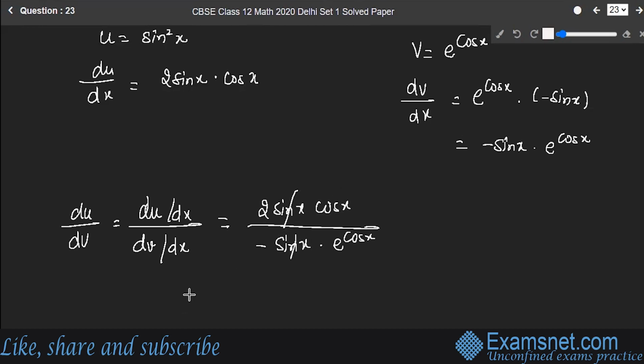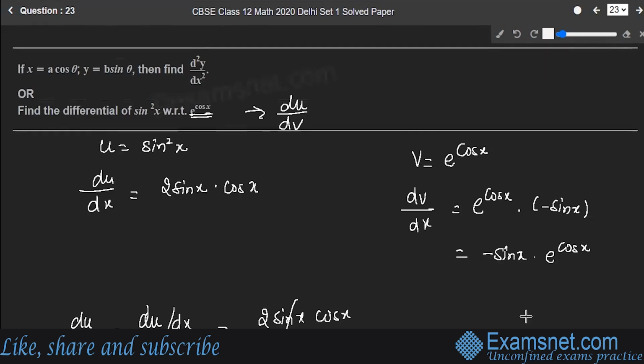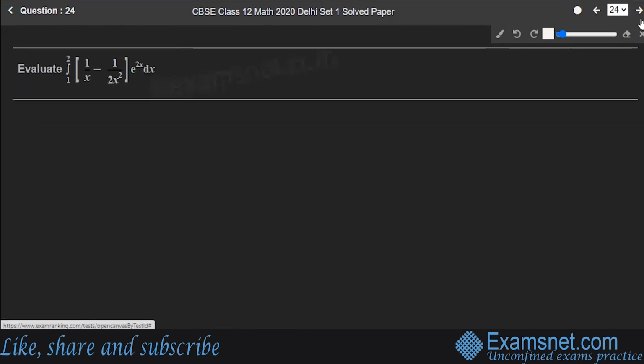So these two things will cancel and you will have minus 2 cos x into e raised to power minus cos x as the answer. Hope you got that. So this is the answer to the B part, that is minus 2 cos x into e raised to power minus cos x. Right. Next is question number 24.